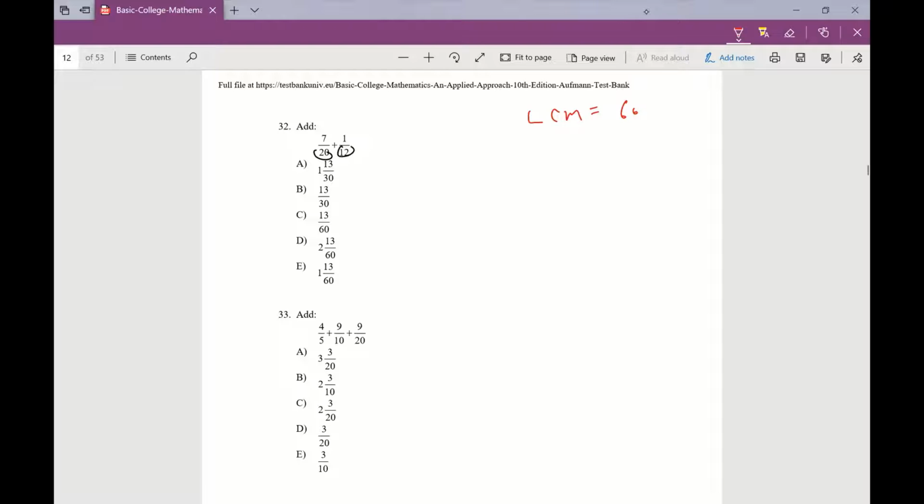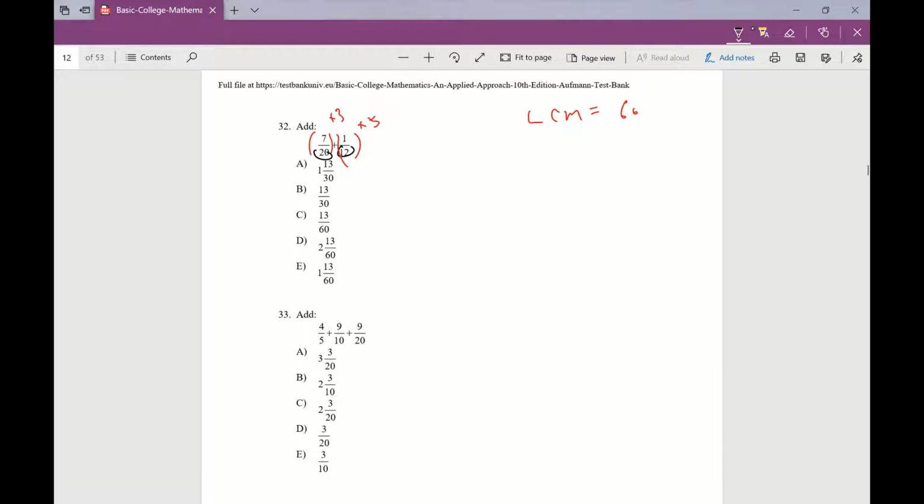Now that means the first fraction, 7 over 20, has to multiply by 3. 20 times 3 is 60, and 1 over 12, the second fraction, has to multiply by 5 because 12 times 5 is 60.